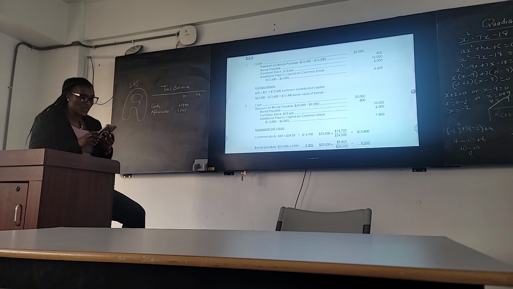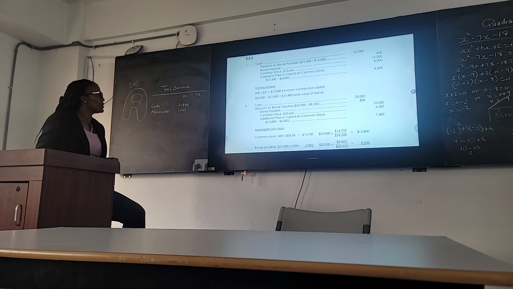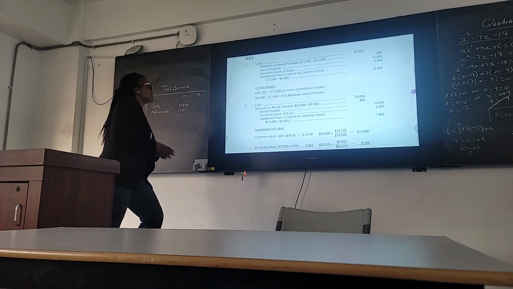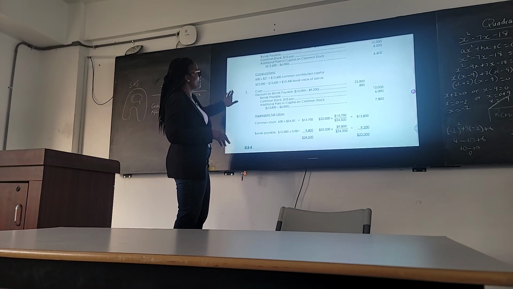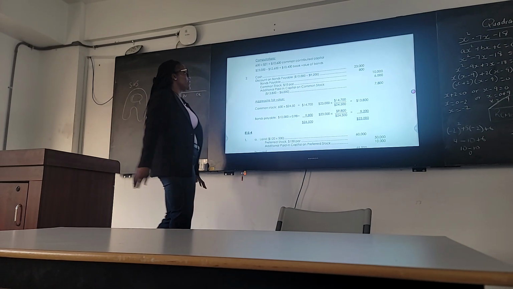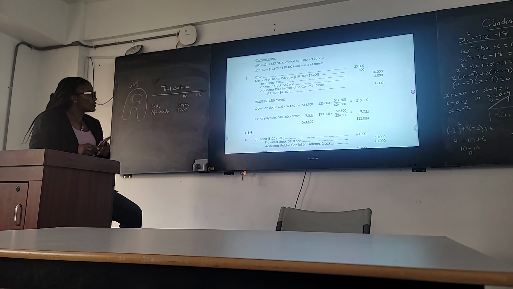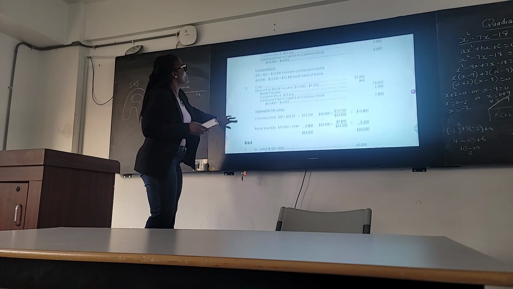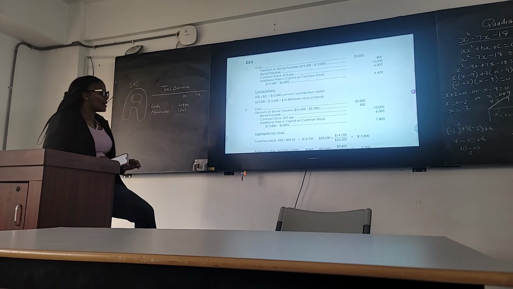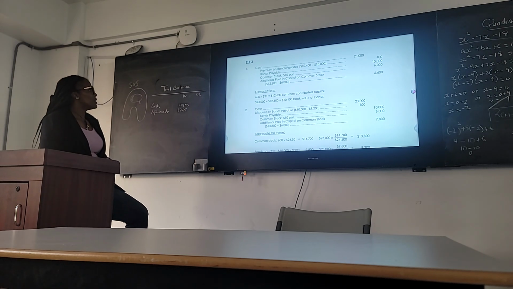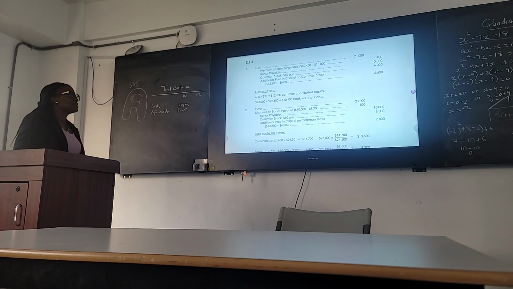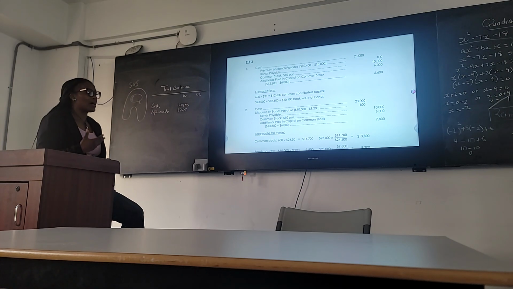Then we also know the fair market value. So what do we have to do here? Calculate the aggregate fair market value. The shares in this question have a market value of $21. 600 times 21 will tell you the overall contributed capital on common stock. 600 times 21 is 12,600.